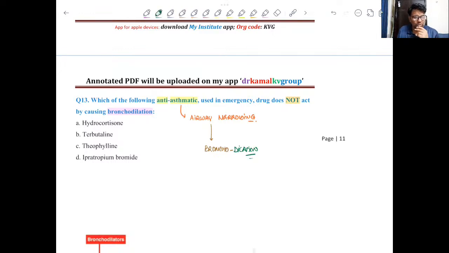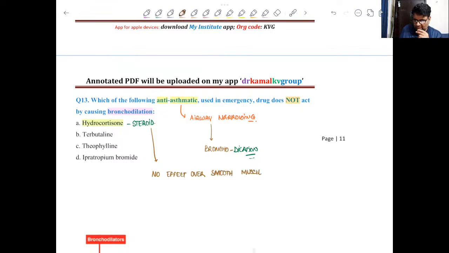clear? So see here, hydrocortisone, it is a steroid, clear, and it has no effect over smooth muscles.